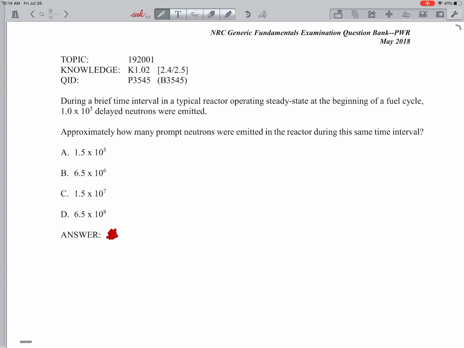Next question. During a brief time interval in a typical reactor operating at steady state, 1 times 10 to the 5 delayed neutrons were emitted. All right, so 10 to the 5. Approximately how many prompt neutrons were emitted? All right. Yikes. Okay, so remember, 0.64% of total neutrons are delayed.